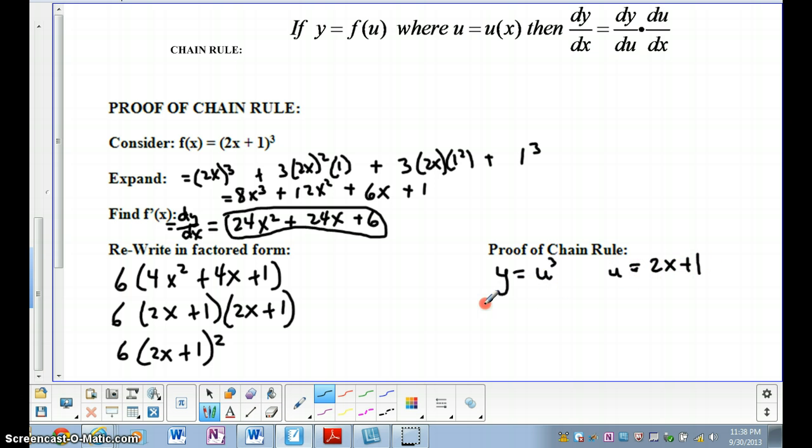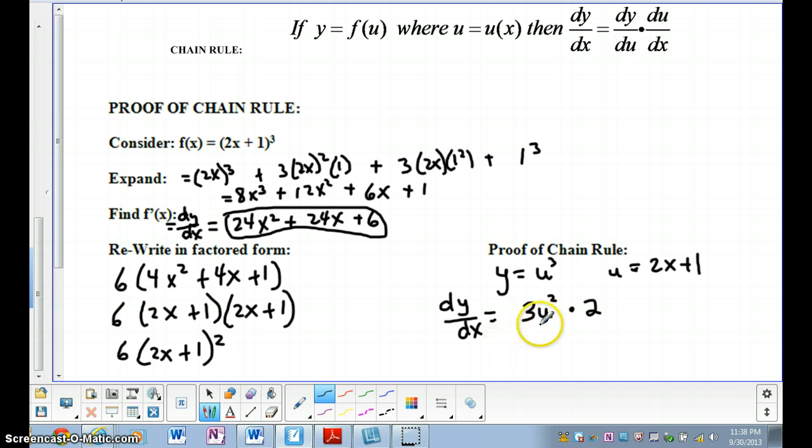So now we're going to find the derivative with respect to x. First we find the derivative of y with respect to u. So that would be 3u squared. And multiply it by our derivative of u with respect to x, so that would be times 2.